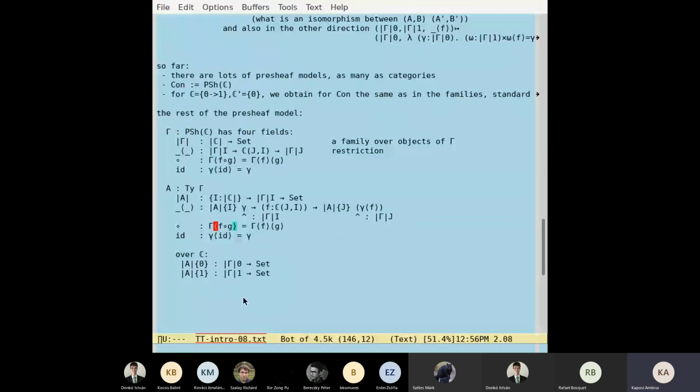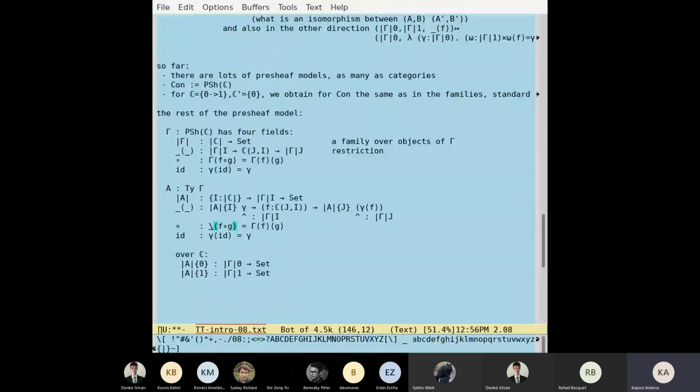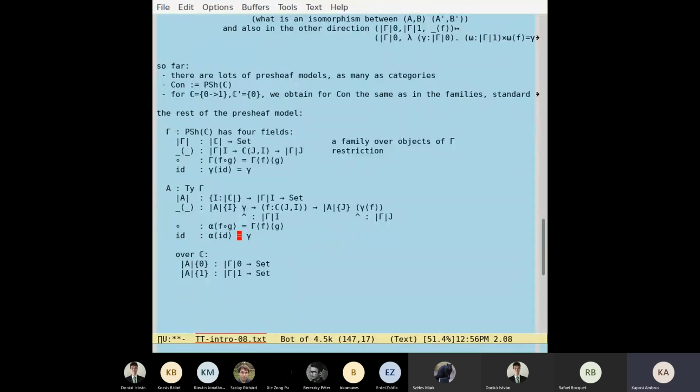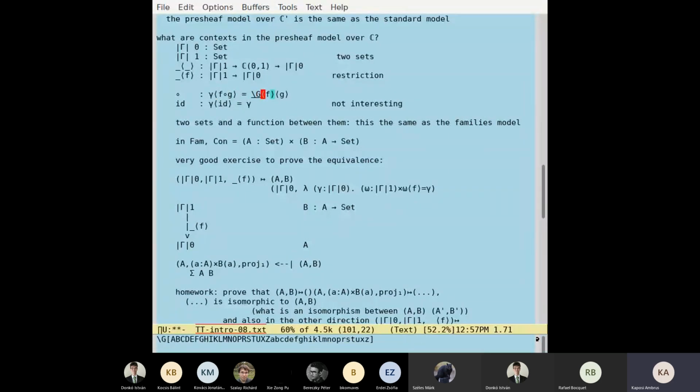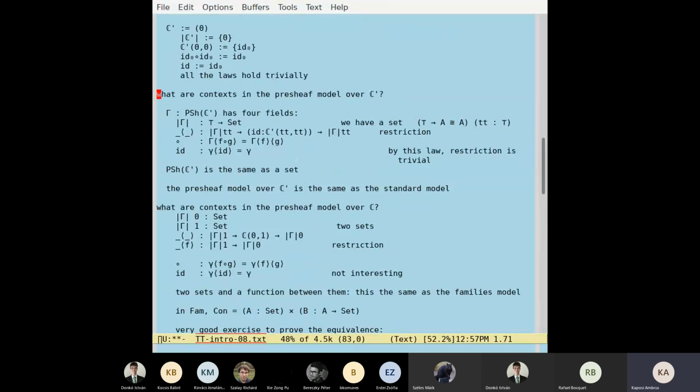And again, I have the same equalities here, which are, again, if you want to type check these, dependent. Sorry, I misspelled this. I wanted to write here gamma, small gamma. Okay. Sorry, let me fix it here as well. So here I wanted to write small gamma because this big gamma doesn't make sense here.